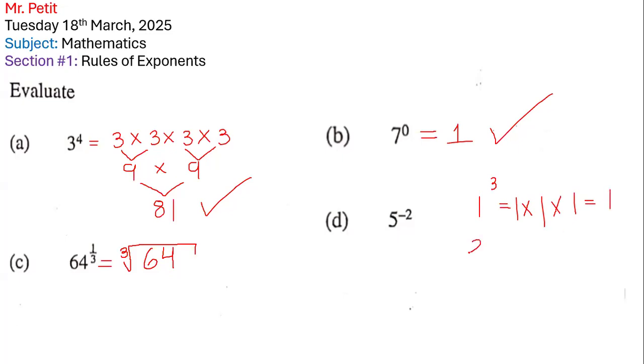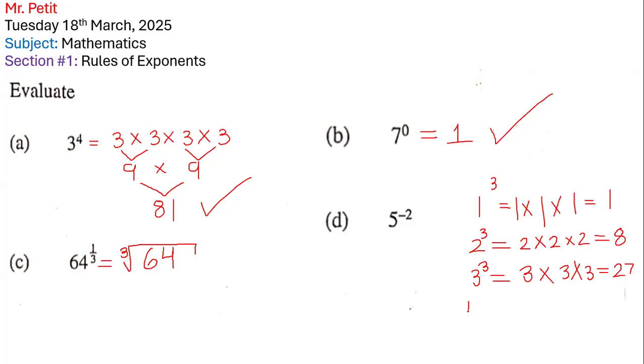Do you remember cube numbers? 2 to the 3rd power is what? 2 times 2 times 2, which gives us 8. 3 to the 3rd power is what? 3 times 3 times 3, which gives us 27, because 3 times 3 is 9, and 9 times 3 is 27. Make sense?